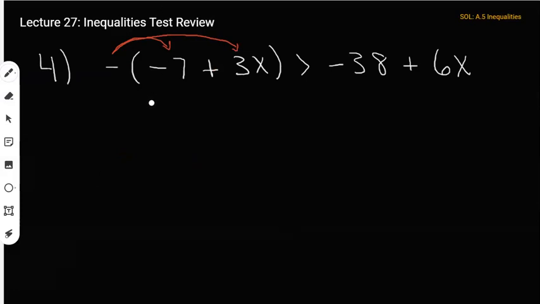It's going to end up being a +7. And then if I take the negative and put it on the positive 3x, you're going to get negative 3x. So 7 minus 3x. I bring down my greater than. And then over here, I still have negative 38 plus 6x.